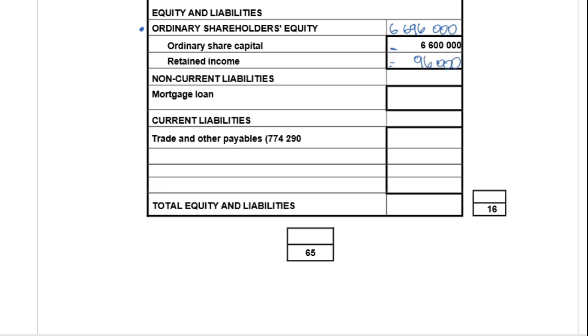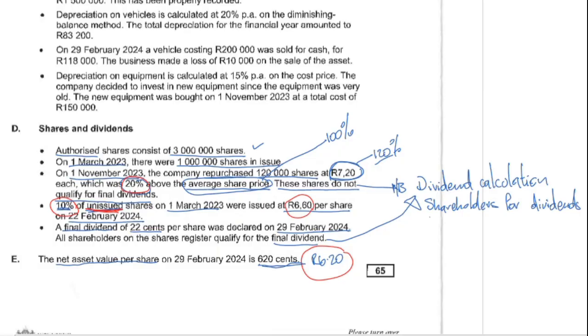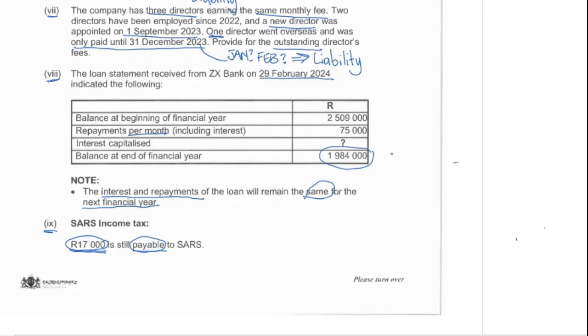Next is the mortgage loan. In the trial balance, we were given the balance at the end of the year as 1,984,000 rands. But we must remember that any portion of the loan which is payable within the next 12 months from the current year end is going to be a current liability.